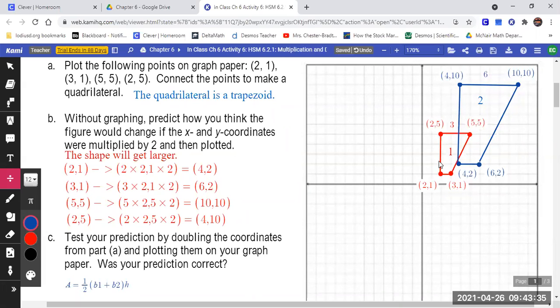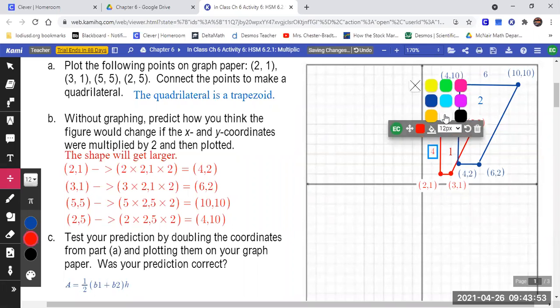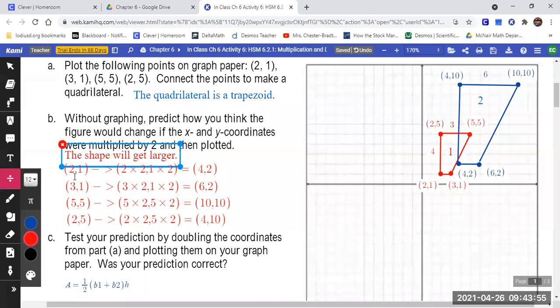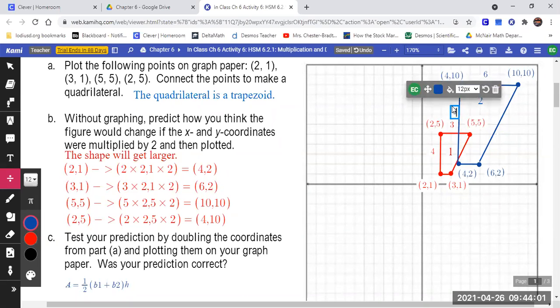Okay, so now we got to go do the up and down line that's on the left side for each one. We're just counting the sides right now. 4. Okay. How about for the blue one? 8, which makes sense because we times by 2.